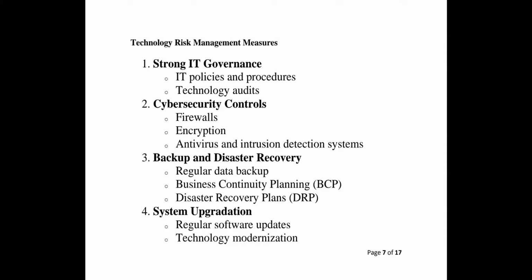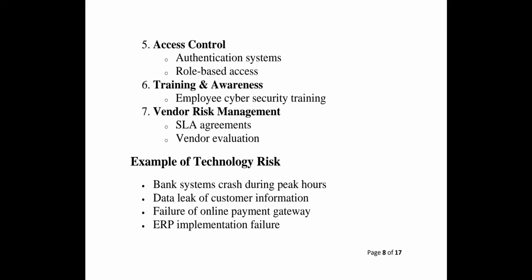Example in practice: core bank system fails due to software. We have already seen this. Benefits of effective technology failure risk management are reduced downtime and operational disruption, financial protection against losses and penalties, stronger customer trust through reliability, regulatory compliance with IT and data protection standards, access control, training awareness, updating your hardware, vendor risk management.